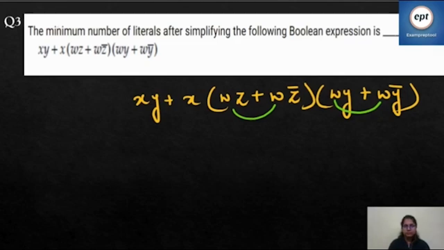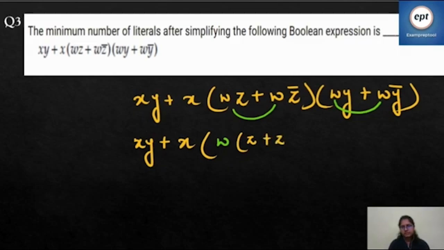Let's see what we can derive after taking it common. xy we write as it is, plus x as it is, but here we take out w as common. The rest of the expression will be z plus z bar. And in this expression also, if we take out w, what will it be?